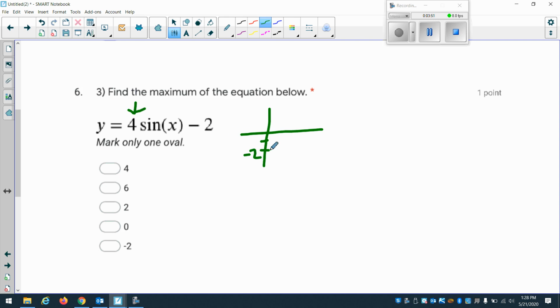From -2, go 1, 2, 3, 4, so -2 plus 4 gives you 2, and -2 minus 4 gives you -6. So the maximum, the highest point, is going to be 2.